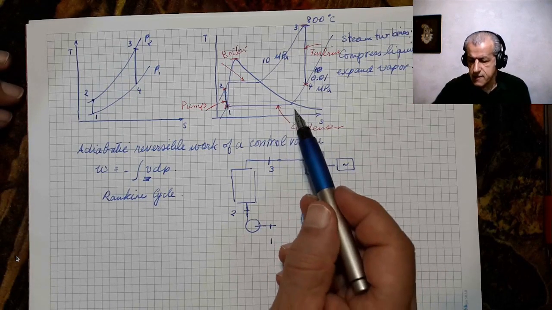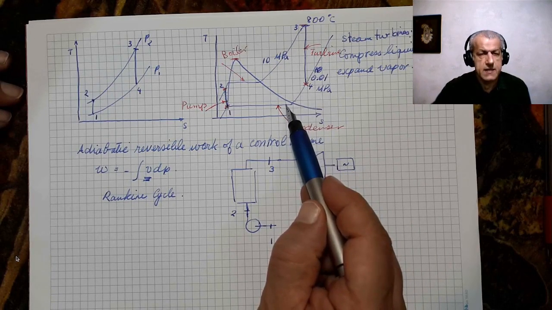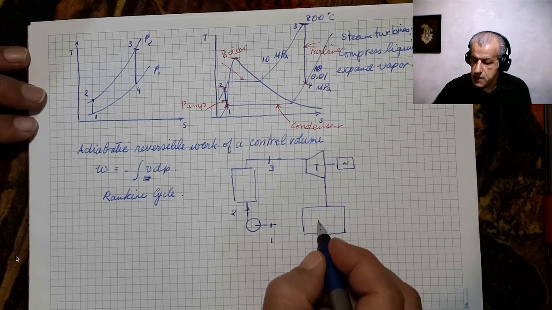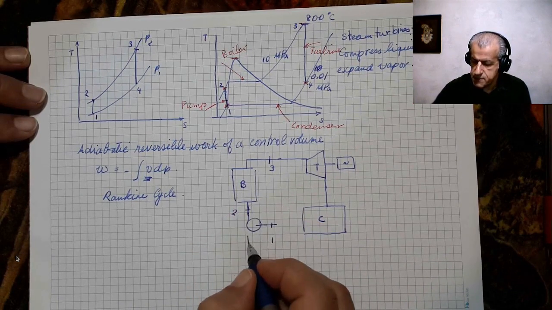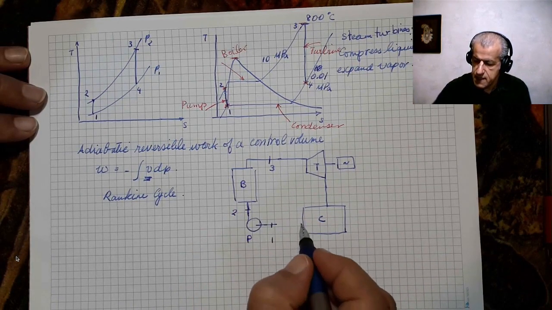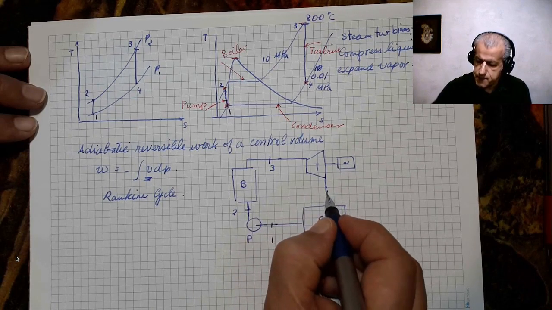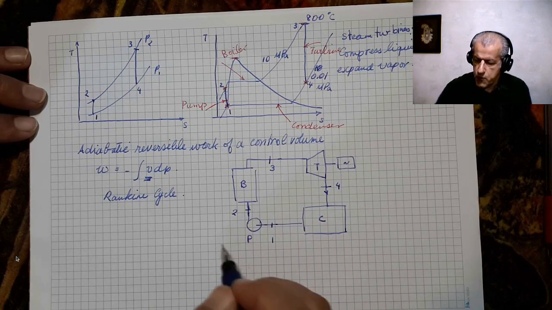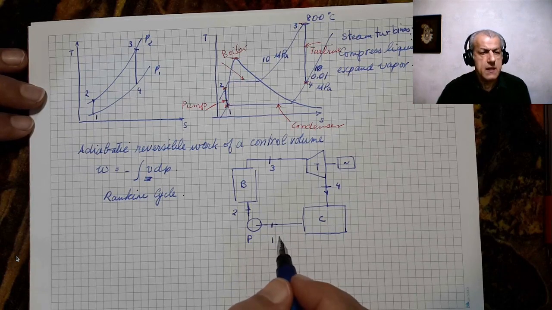In fact, a lot of times this line lands just inside the saturation dome, and then it comes to a condenser. This is the boiler, this is the pump, this is the condenser, and the outcome would return to point 1, and this is point 4. And this is our cycle.